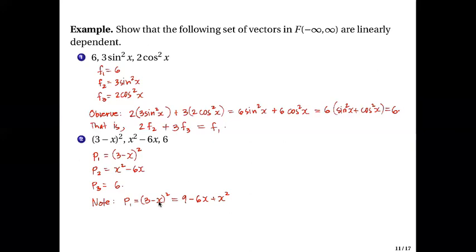And if you look at this, you can still rewrite this. You have the 9 here, and you want to rewrite the 6.